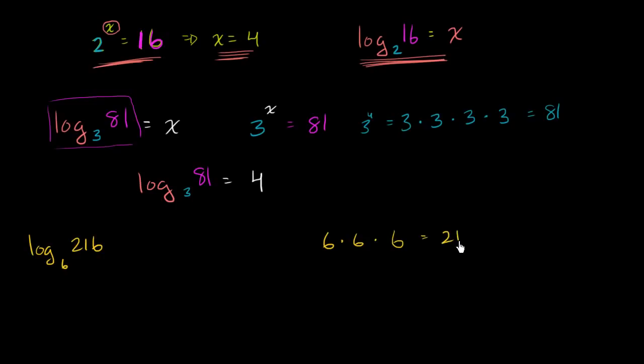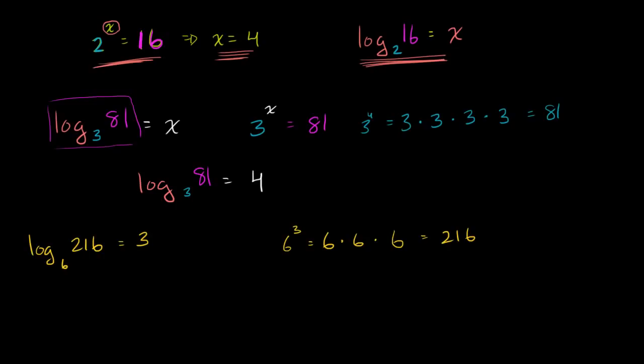So 6 to the 3rd power is equal to 216. So if someone says, what power do I have to raise 6, this base here, to get to 216? Well, that's just going to be equal to 3.